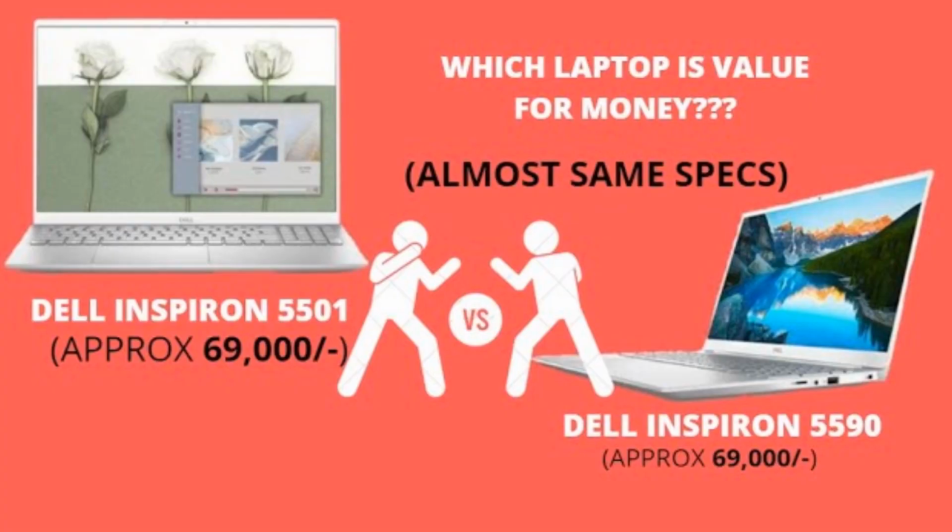Why? Because, as I told you at the beginning of the video, I compared the laptops 5501 versus 5590. The 5590 processor's base frequency was 1.6 and its turbo boost goes up to 4.26 or something like that. So those values are bigger numbers compared to this particular processor, but that processor is built with a 14 nanometer architecture.